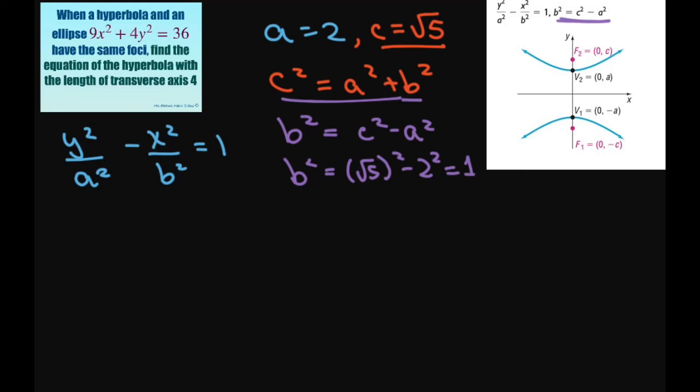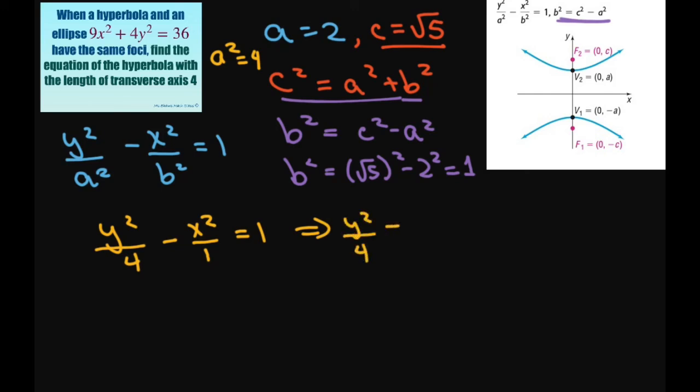Therefore, the equation of the hyperbola is going to be y squared divided by 2 squared. If a is 2, then a squared is 4. So this would be 4, minus x squared divided by 1 equals 1. And usually they don't write it that way. They write it as y squared divided by 4 minus x squared equals 1.